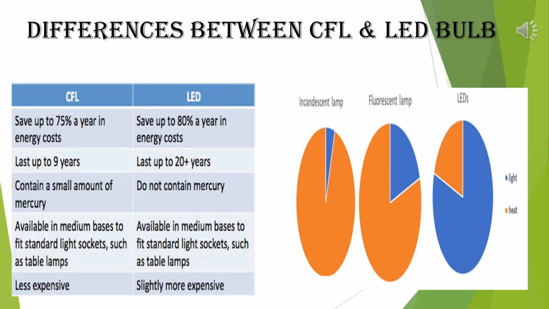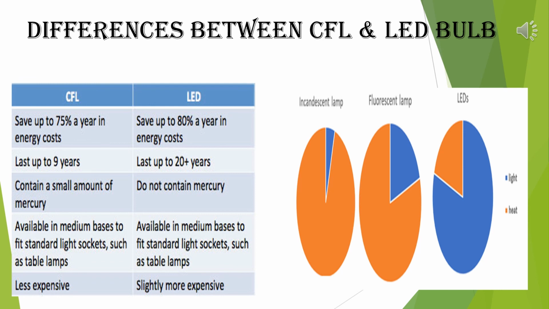Now the differences between CFL and LED bulb. CFL save up to 75% a year in energy cost, but LED save up to 80% a year in energy cost. CFL last up to 9 years, and LED last up to 20 plus years. CFL contains a small amount of mercury.